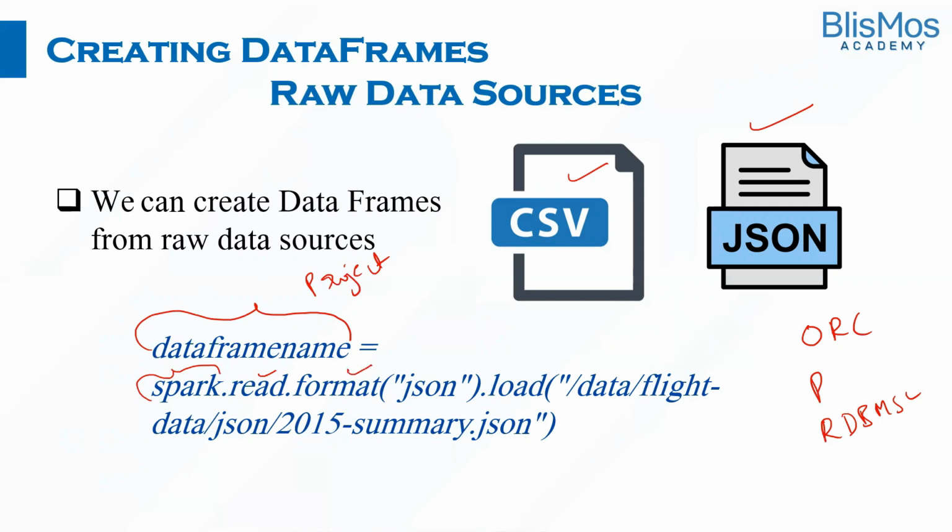As of now, let us not worry about them, but we'll try to see them as and when we go to the next section. So give a data frame name, use a Spark session, read, provide the format, and provide the path where exactly your file is. In this case, we are trying to create a data frame out of a JSON file. I hope you understood how you create the data frame using raw data sources.